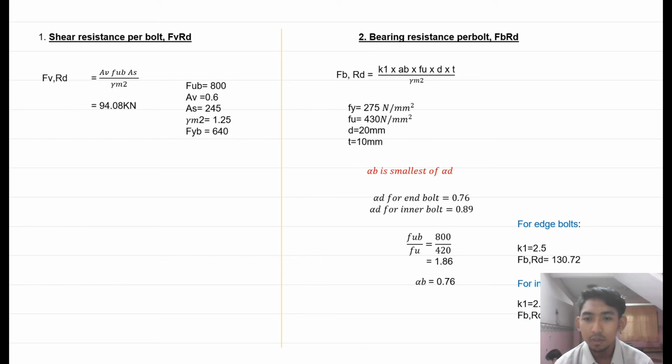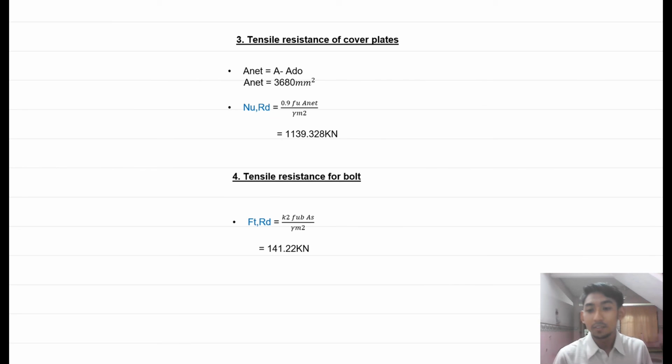AB is the smallest of AD. AD for the end bolt is 0.76. AD for the inner bolt is 0.85. FUB over FU is 1.86. For the edge bolt and for the inner bolt, K1 is 2.5. FBRD is 130.72 kN.